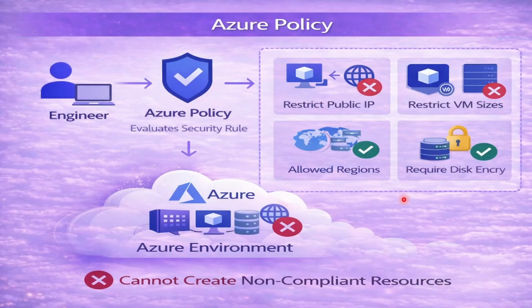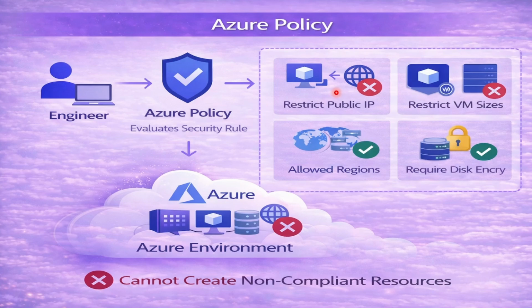Now let's understand Azure Policy with a simple real-world story. Imagine an engineer is trying to deploy a new virtual machine in an Azure environment. Before the deployment even begins, Azure Policy steps in, like a smart security guard, and checks whether this request follows the organization's governance and security rules. For example, the engineer may try to create a virtual machine with a public IP address.